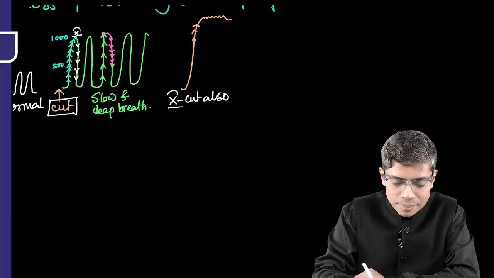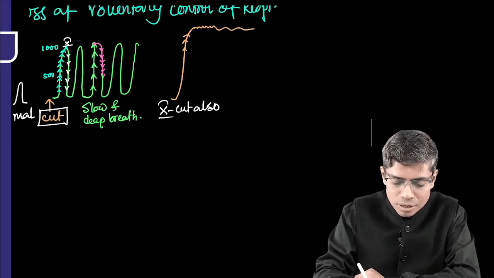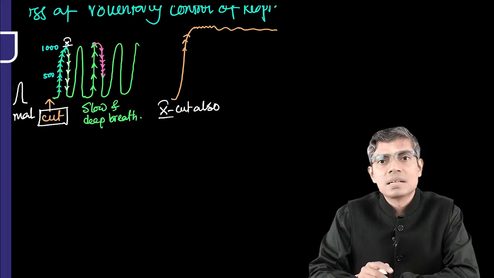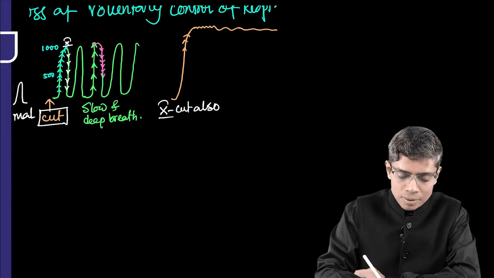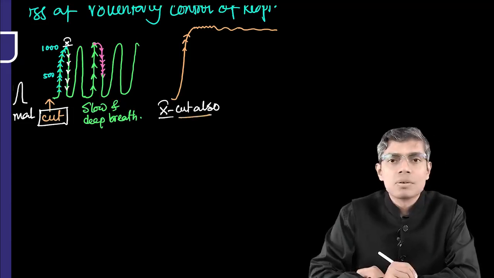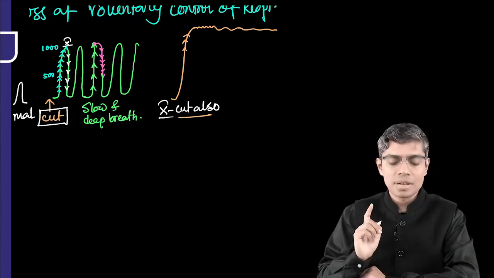There will be a little gasping effort to start the expiration, but expiration will not start until the death of the animal, right? So this way, whenever you cut the vagus also along with the mid Pons cut, what is going to happen?